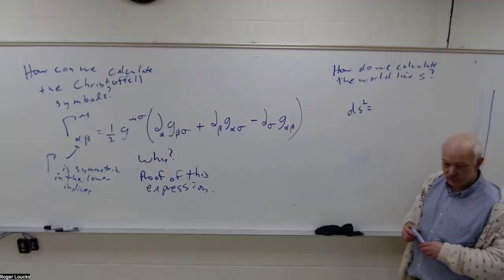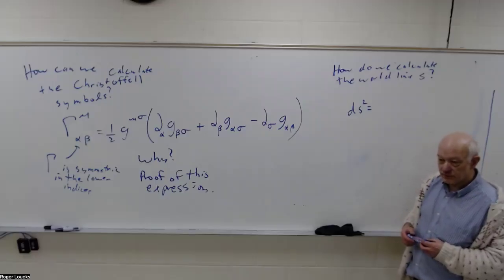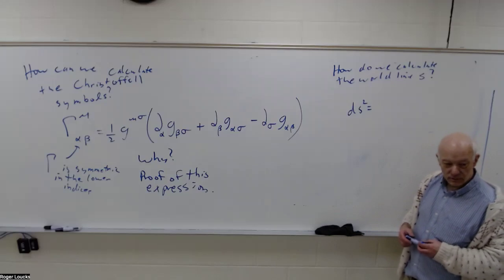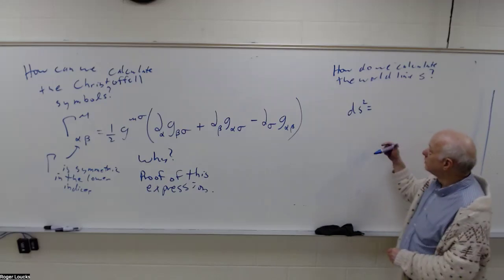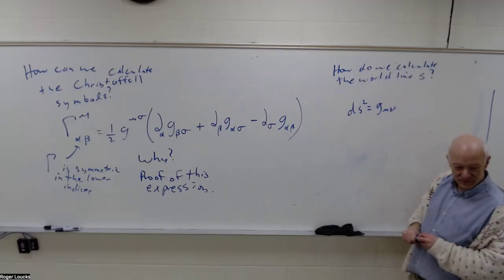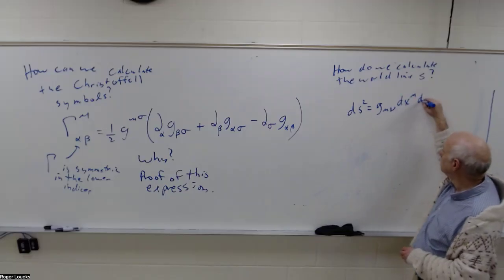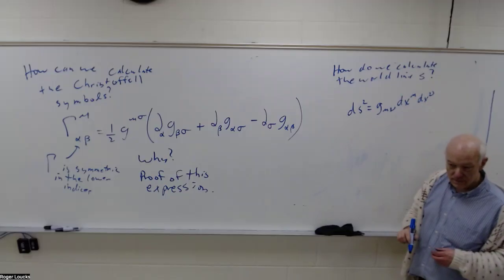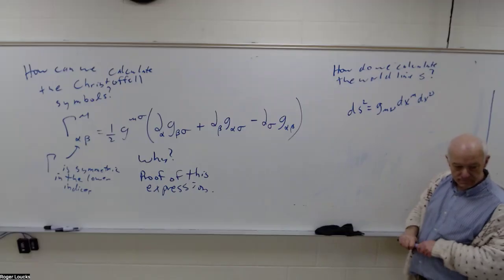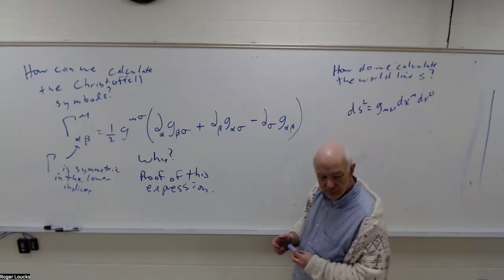Negative c squared dt squared. That's Cartesian. I mean, that's for flat space-time. In general it's g mu nu dx mu dx nu. And what is that?